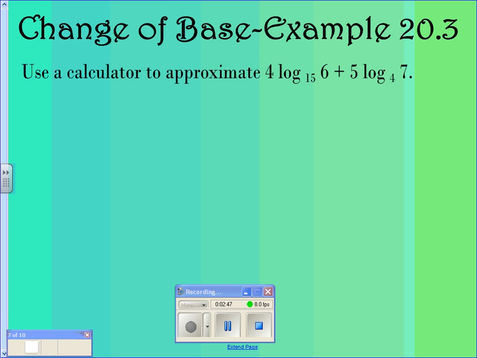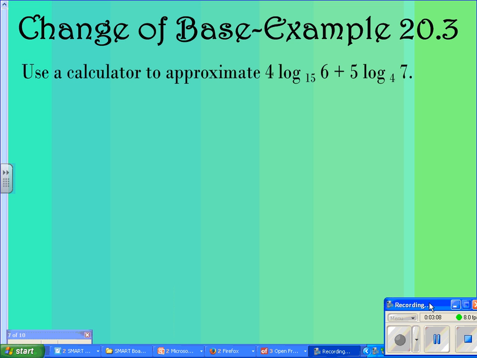Okay. Use calculator to approximate this one. All right.